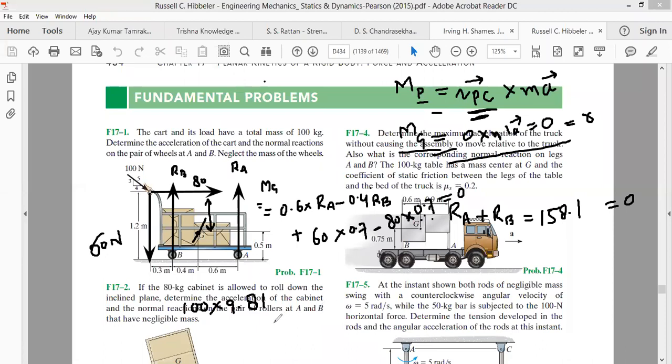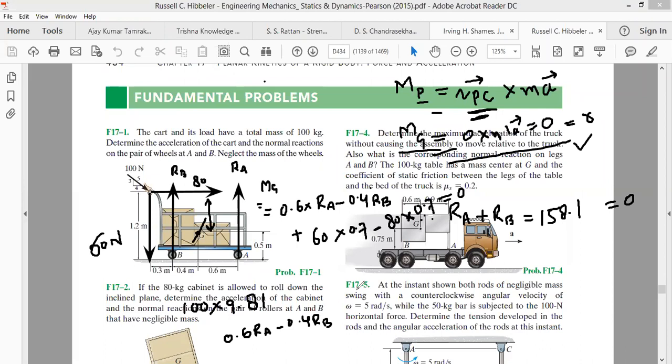This entire sum has to be equal to 0 by this equation. Therefore, we can write 0.6 RA minus 0.4 RB, and this entire thing is equal to 60 into 0.7 minus 80 into 0.7.